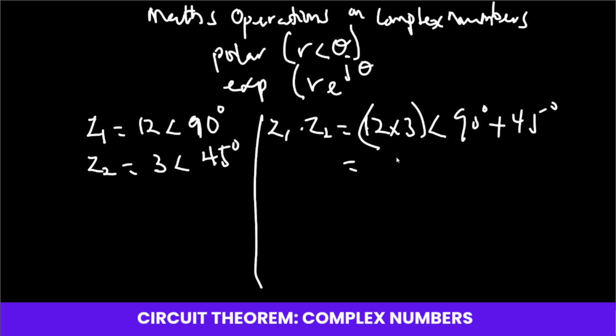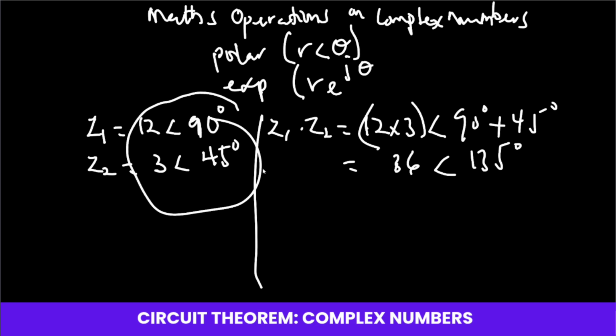So we have 36 angle 135 degrees. And since we know the conversion, we can try and convert these two into our rectangular form and find their multiplication or their product. Then you trace it back to the polar form and see if you are going to get the same answer.